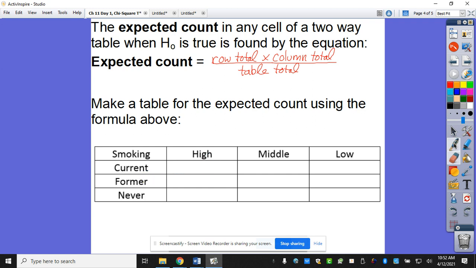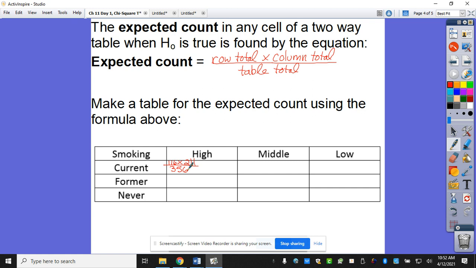So I'm taking 116 times what? Times 211 and dividing that by 356. And like I said, I'm only writing that because it's notes. I don't expect you on a test to write out all that. But let's write out at least a couple of them.